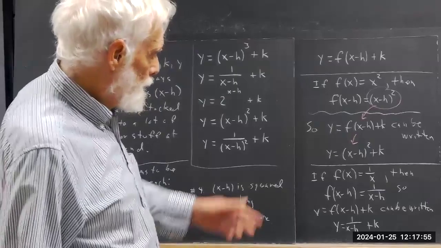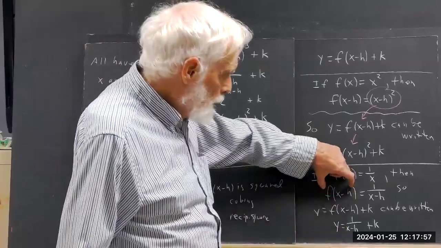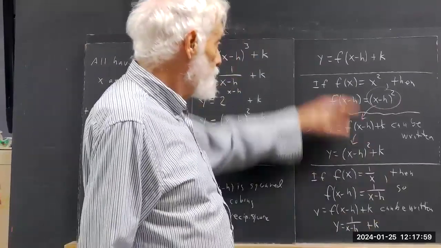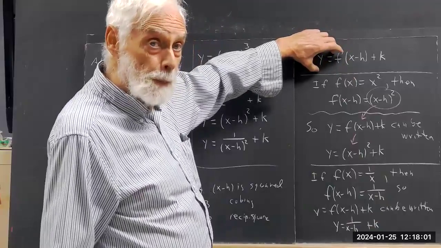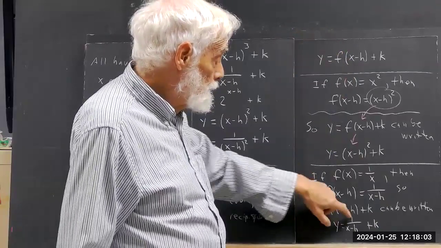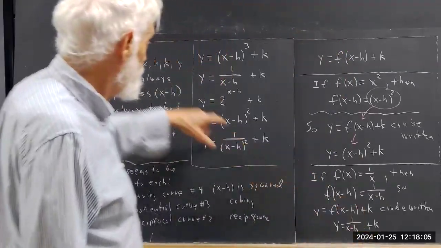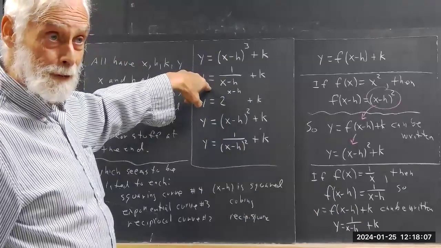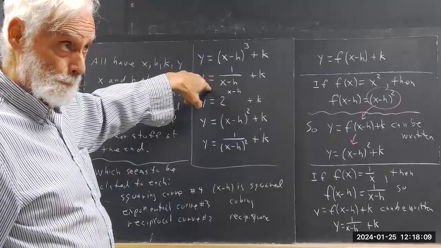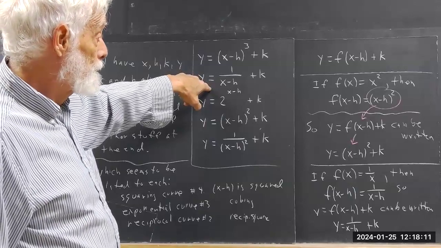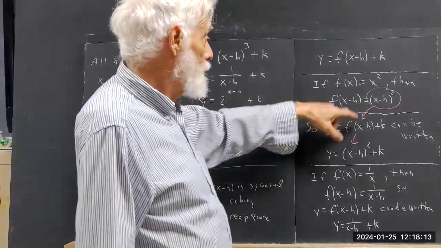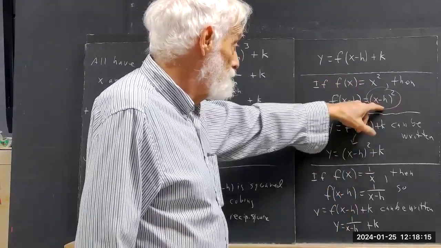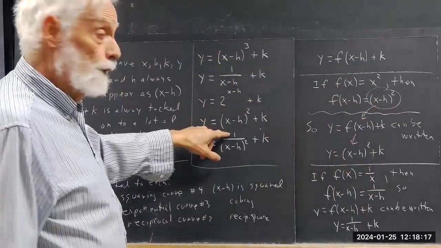Well, we just do the same thing. Once you know that f of x minus h is 1 over x minus h, this expression here that we keep repeating gives you this, which is, of course, this. And if f of x is x squared, then that'd be this, right?